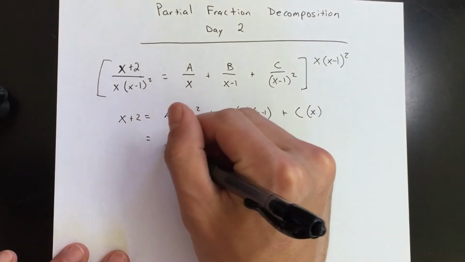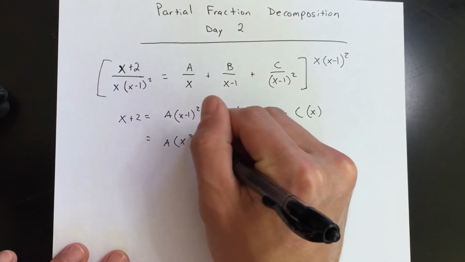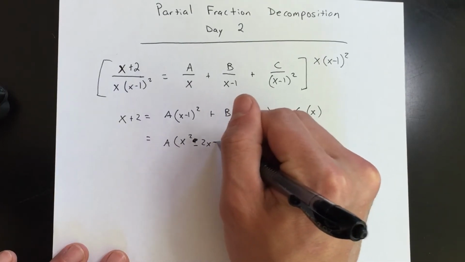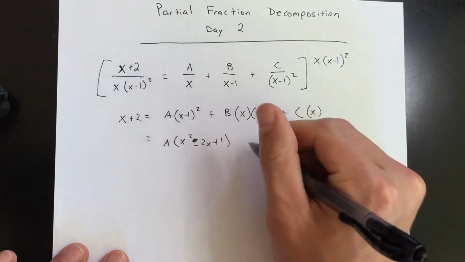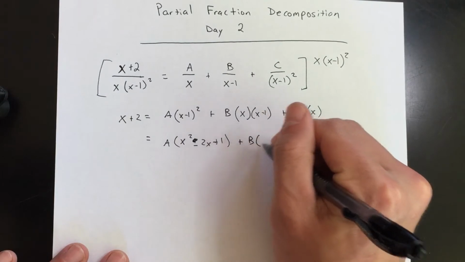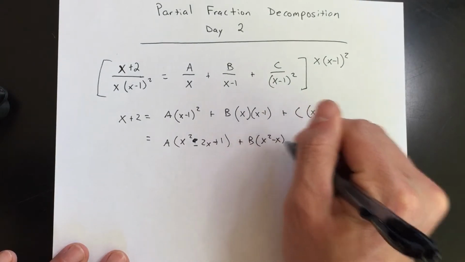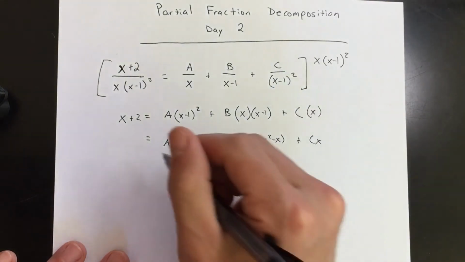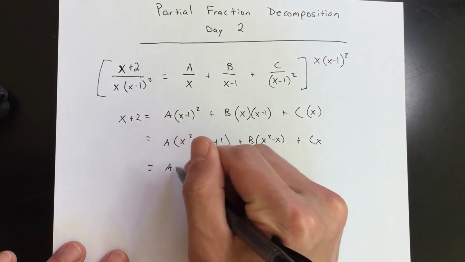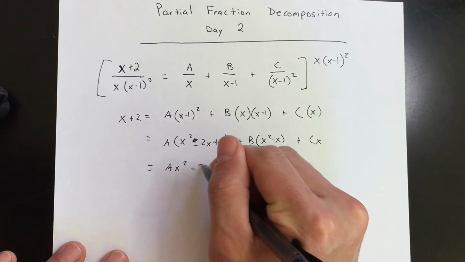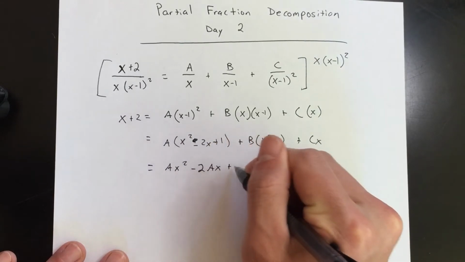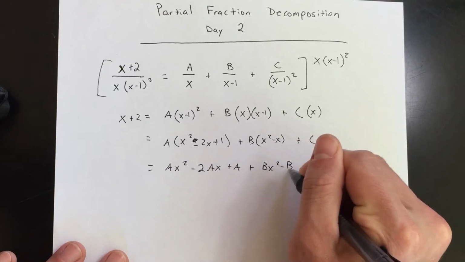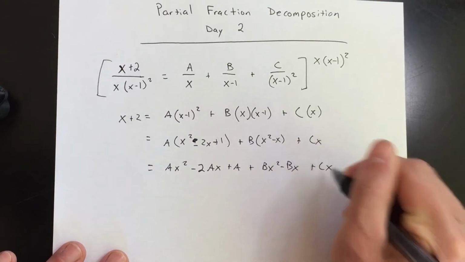So I would just rewrite this as A times x squared minus 2x plus 1 plus B times x squared minus x plus Cx. And obviously finishing up from here, distribute our A, B, and C: Ax squared minus 2Ax plus A plus Bx squared minus Bx plus Cx.